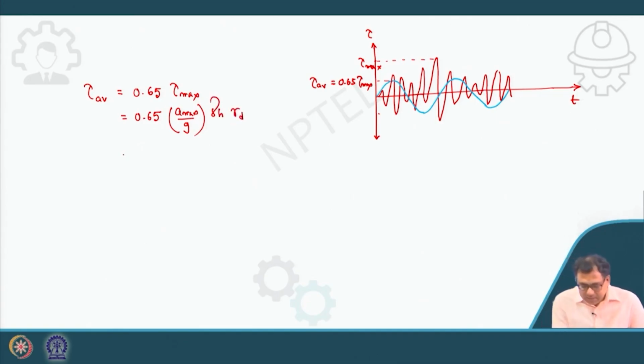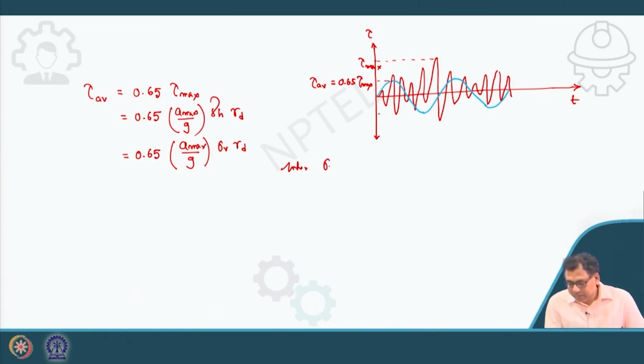Now this gamma H I can write as sigma V, into RD, where sigma V is equal to gamma into H, which is the total stress. So remember that.